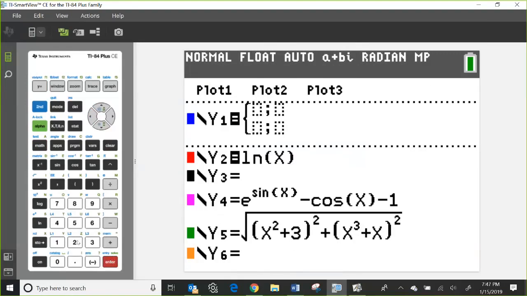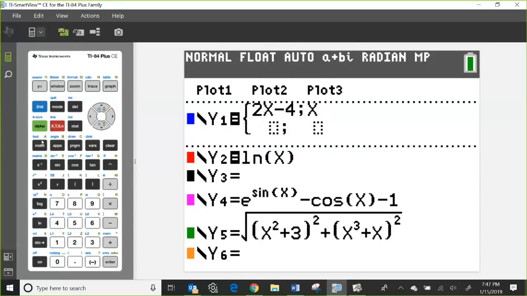So I can type in the 2x minus 4. Then I'll use my arrow to cursor over to x less than 3. So you type in your x. Now your less than is a test button.